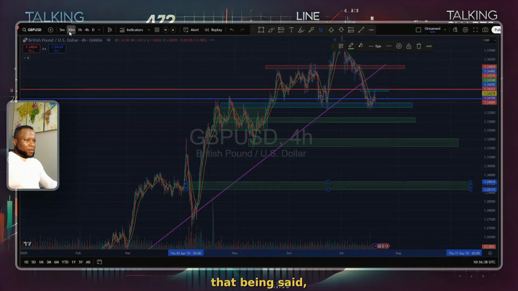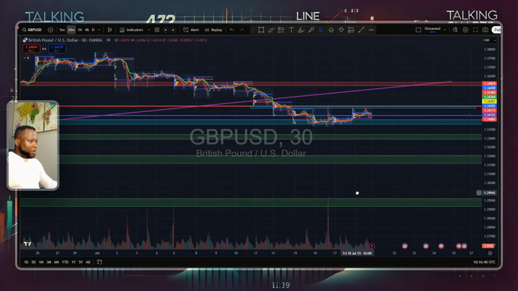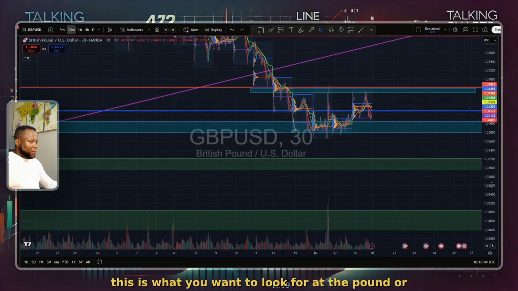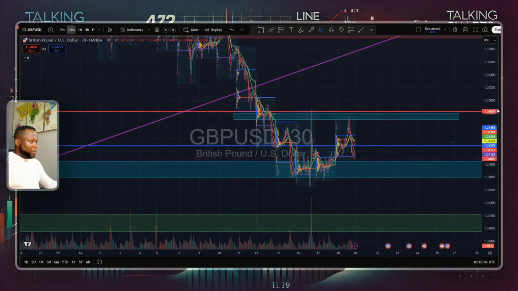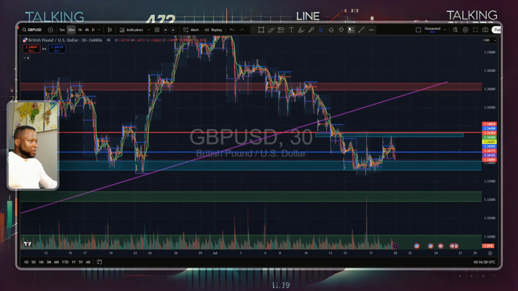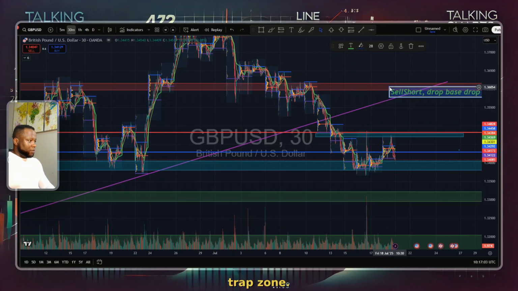That being said, for the coming week or the coming session, this is what you want to look for on the pound: this area here for sells. Here, sell short. Drop, base, drop zone.